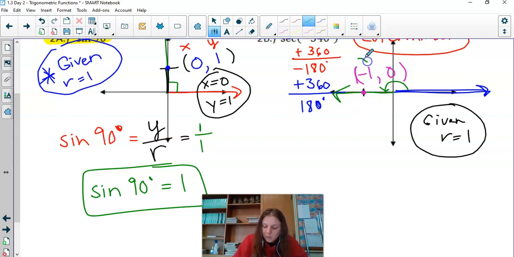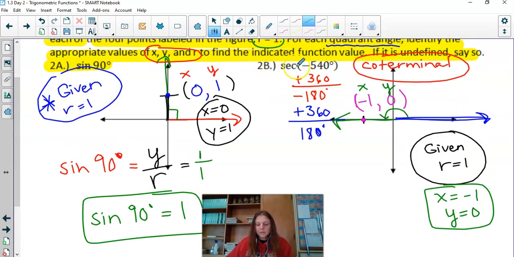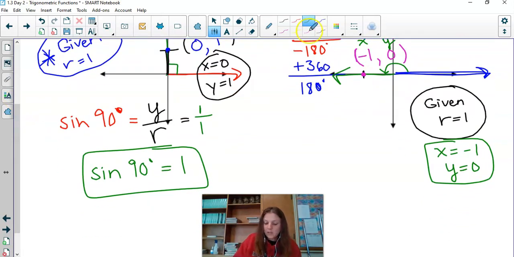That means our x and y values are -1 and 0. And I wrote them right here. So I wrote my x here and my y below it. And so now I'm ready. I'm looking for then ultimately the secant of -540 degrees. So I'm going to write that here.